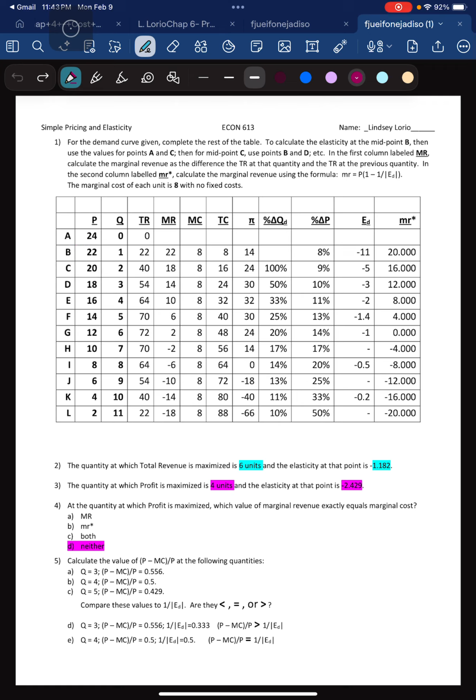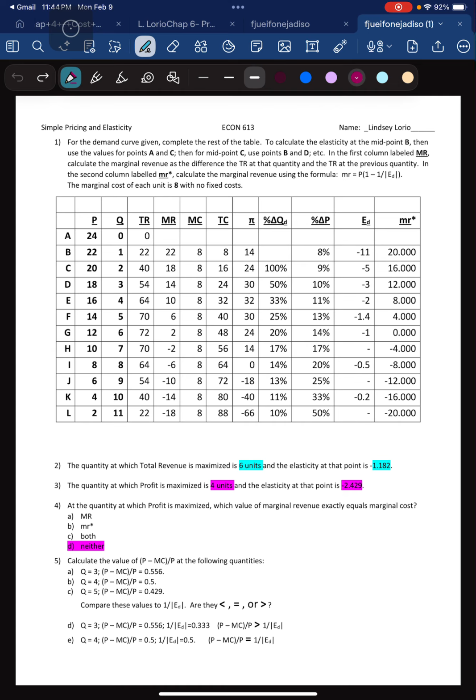And that gave me the elasticity. And then for the marginal revenue, for the small marginal revenue, I did the price times 1 over 1 minus this. And I used the absolute value formula in Excel for that.